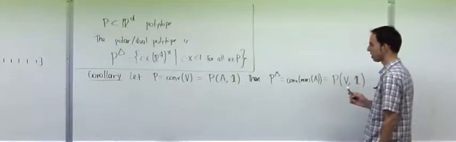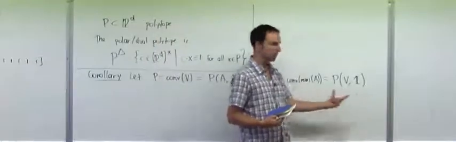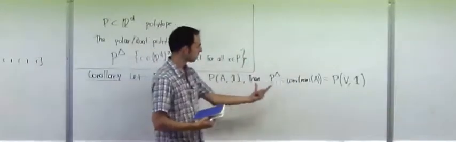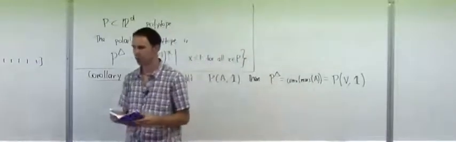Okay, so that's what I'm saying there. That the vertices of P become the inequalities of the dual, and the inequalities of P become the vertices of the dual.